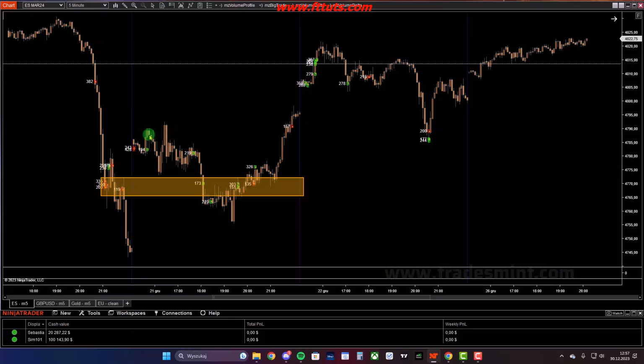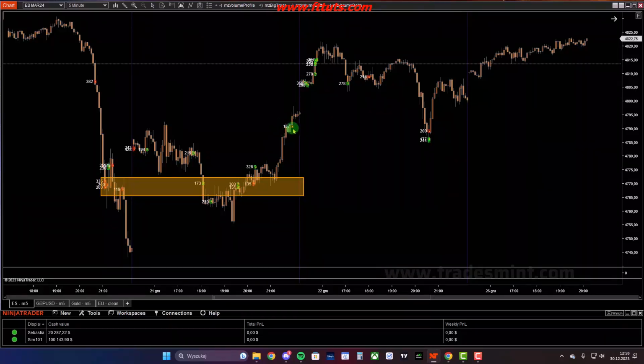Even by the opening of the session there's a really high chance that the trapped sellers want to close their failed positions at break even. So we could expect a move down at the beginning of the day, and then watch whether the buyers are really so strong to move the price up.